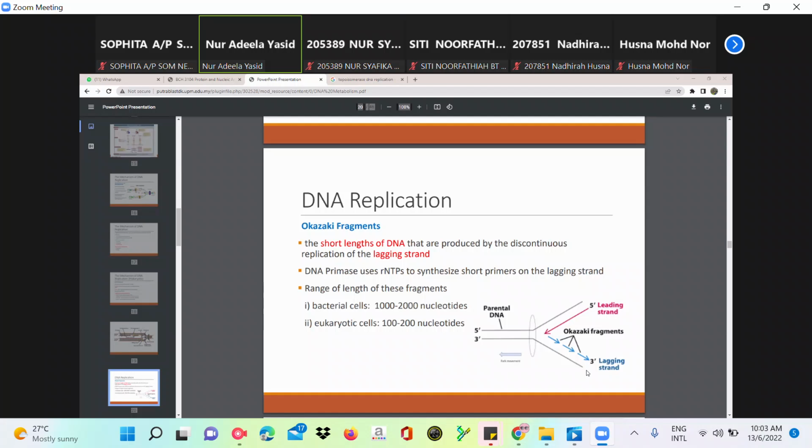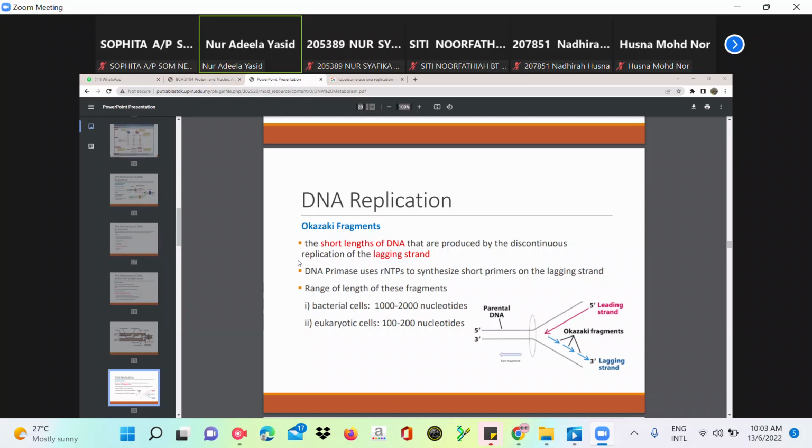So how is this lagging strand synthesized? By having short lengths of DNA. So it is synthesized as short lengths of DNA, okay, as Okazaki fragments, that are produced by the discontinuous replication of the lagging strand.